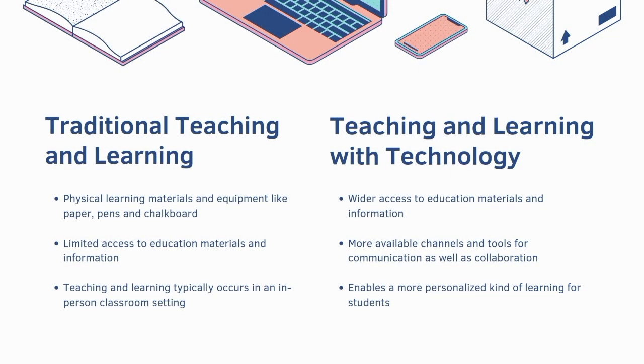Now, to answer the question, why is it that technology became a big part in learning? Let's do this with a comparison of the traditional teaching and learning and the teaching and learning with technology. Well, in traditional learning, we learn physically, and we have physical learning materials and equipment like paper, pens, and chalkboard, limited access to educational materials and information.